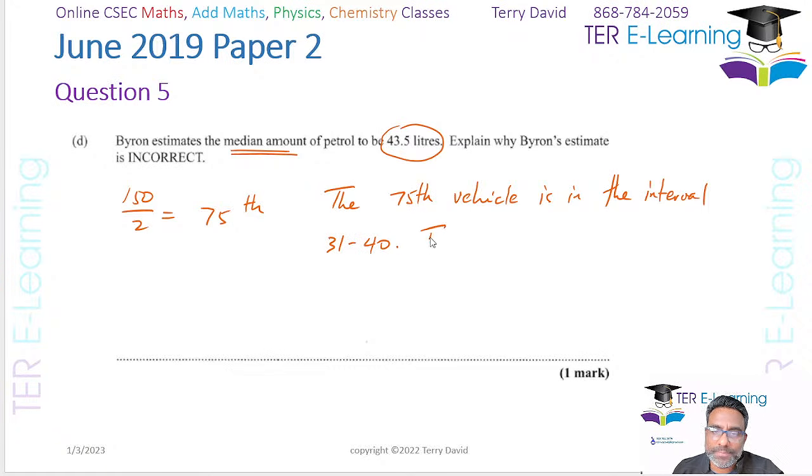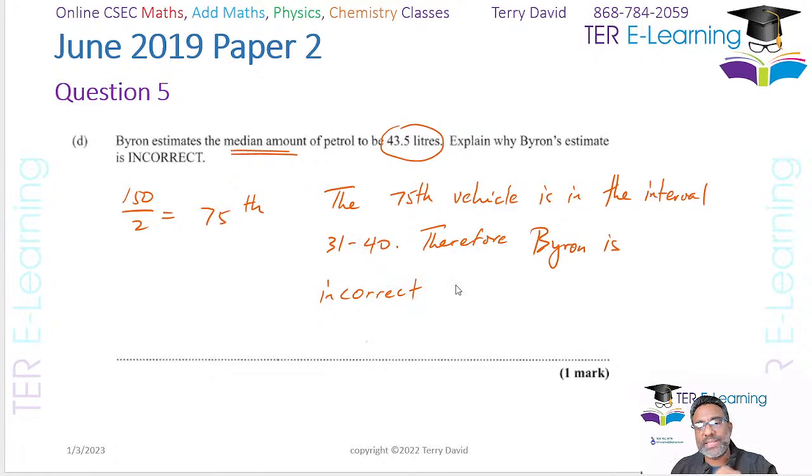So therefore, Byron is incorrect. Now this is only 1 mark, so you don't have to go into too much detail here. But Byron is incorrect. It can't be 43.5. It has to be somewhere between 31 and 40. Right, so that's part D.